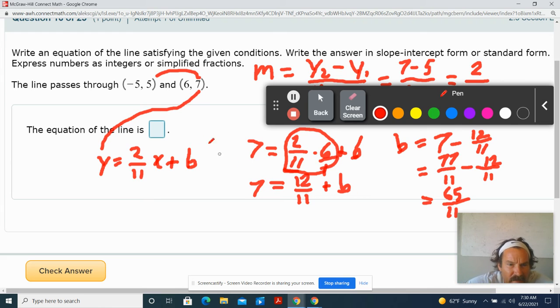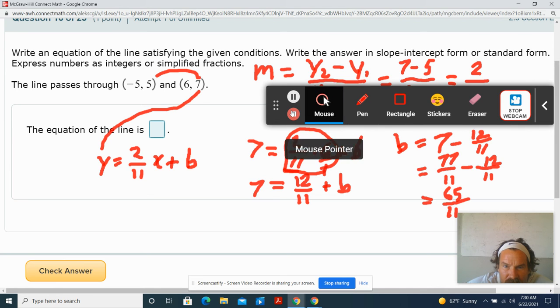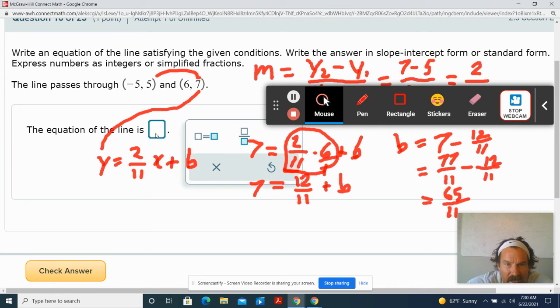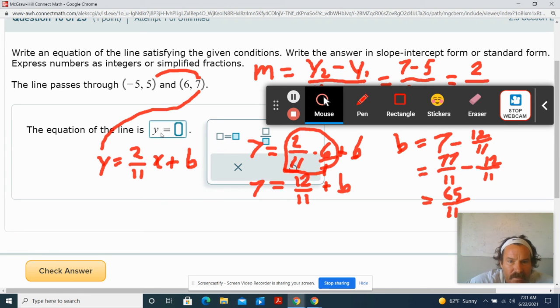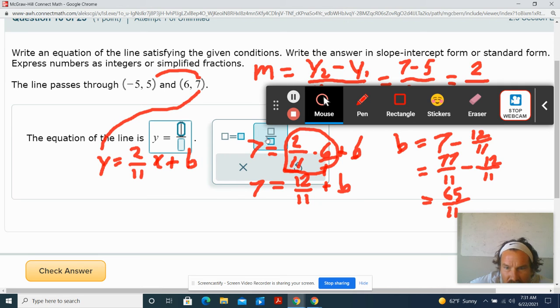There's a tool here for you, let me click here. Yeah, it's going to give you the fraction button here. So y equals, and then I'm going to hit the fraction button. It's 12 over 11, so 12, and then 11.